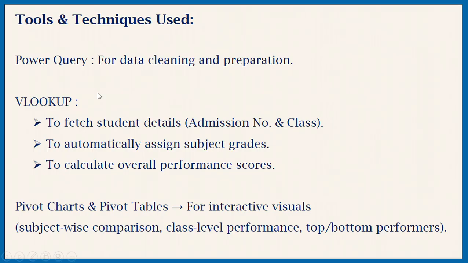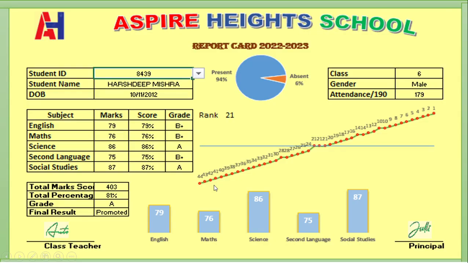For the tools and techniques used, I used Power Query for data cleaning and preparation, like to standardize date of birth format and other things. I have used VLOOKUP to fetch student details using admission number or class, and I used VLOOKUP to automatically assign subject grades here.